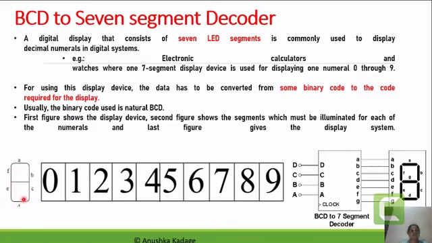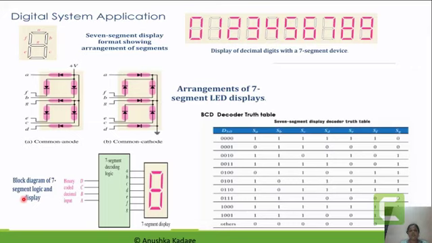Now we will see, to make the digit displays of 0, 1, 2, 3, 4 up to 9, which segments out of A, B, C, D, E, F, G are to be turned on. To display a 0, except for the G segment, all the segments should be 1.